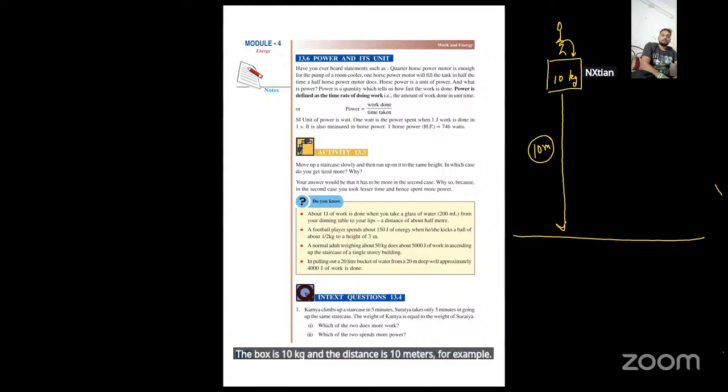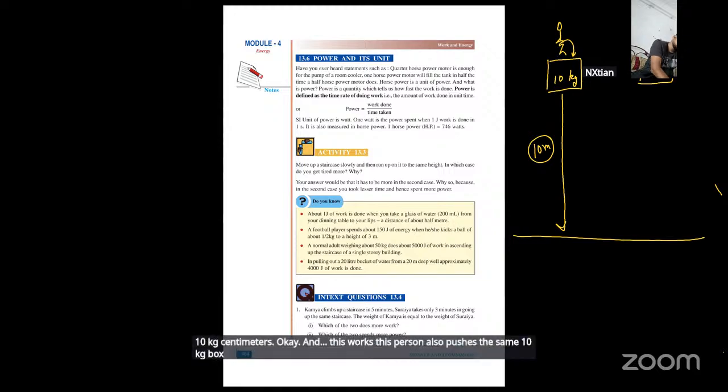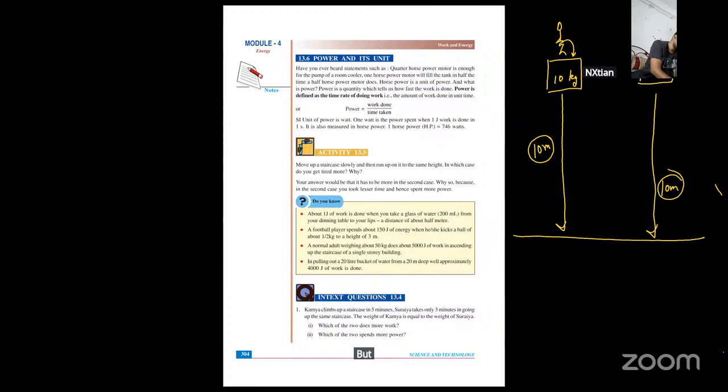And this person also pushes the same 10 kg box the same 10-meter distance. But the difference is he completed this work in 10 seconds and this one completed this work in 5 seconds.